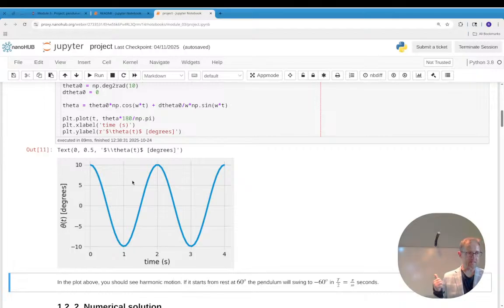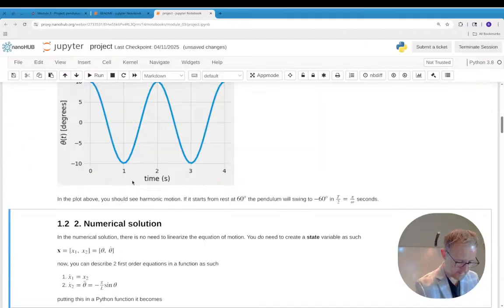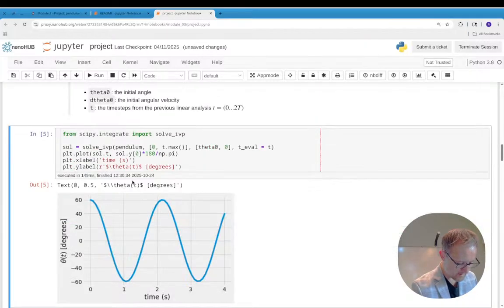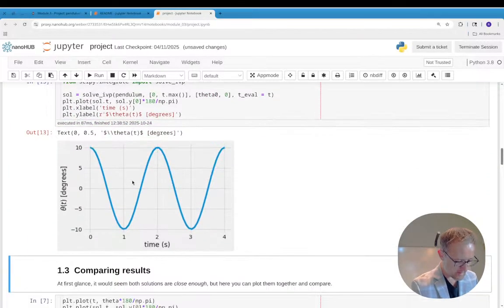So with 10, time period is still 2 seconds, at least from the graph. 0 to 2, and then 2 to 4. So each time period's about 2 seconds. Nonlinear is now also 2-second time periods.